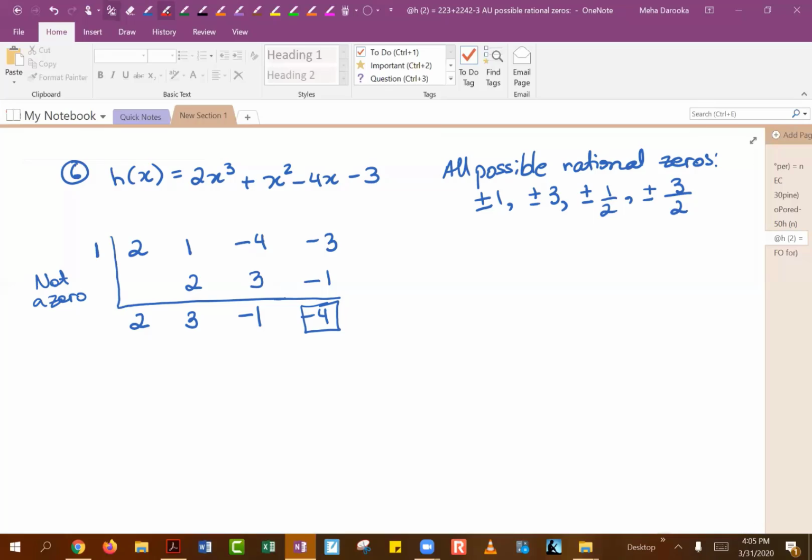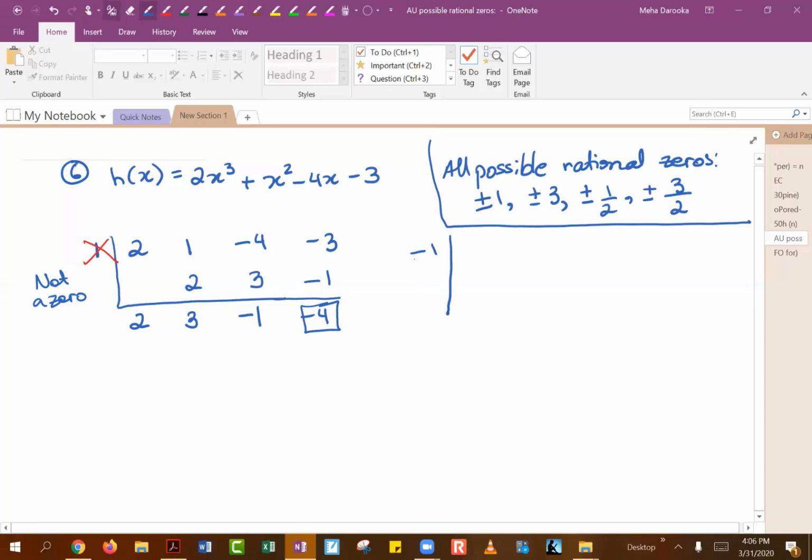So cancel that out because it didn't work out, right? Okay, now let's check against negative 1, with the same coefficients: 2, 1, negative 4, negative 3. Bring down that first 2 as it is. 2 times negative 1 is negative 2.